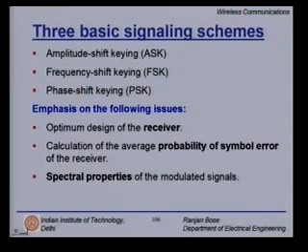And of course, the spectral properties of the modulated signals. So you have the complexity of the receiver, the probability of symbol error, and spectral properties of the modulated signals as the three balls that you have to juggle in order to choose and pick one particular modulation technique.